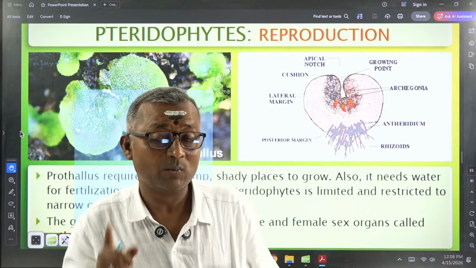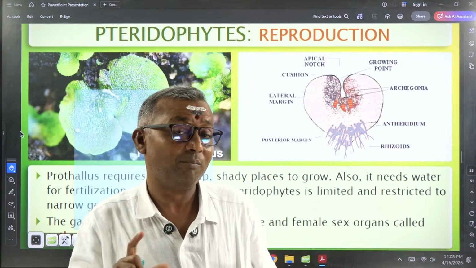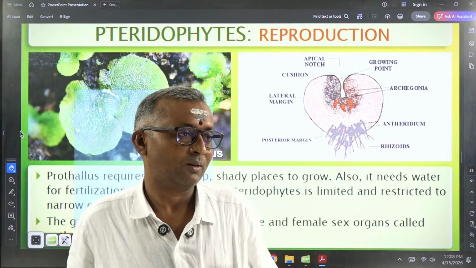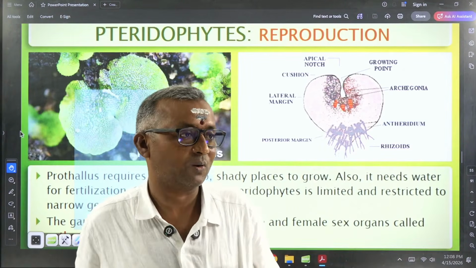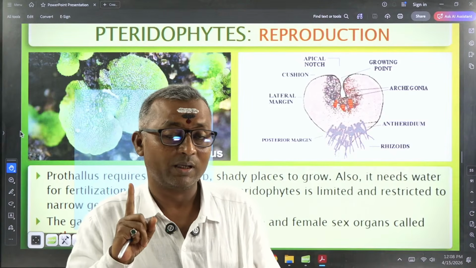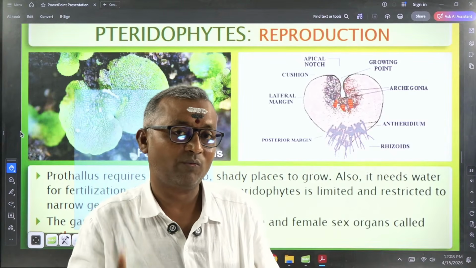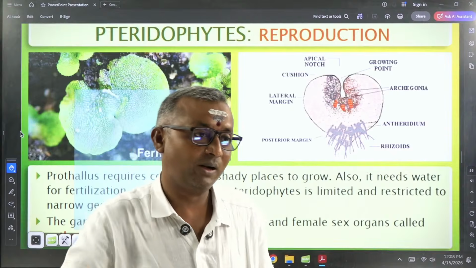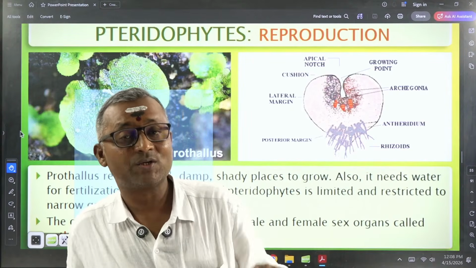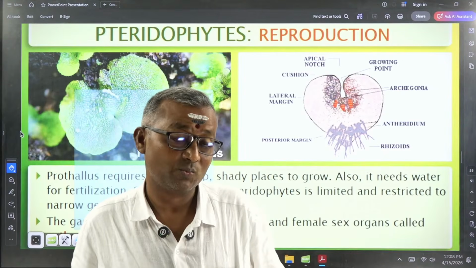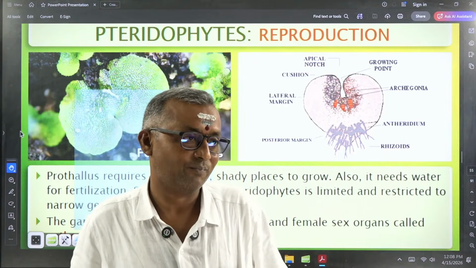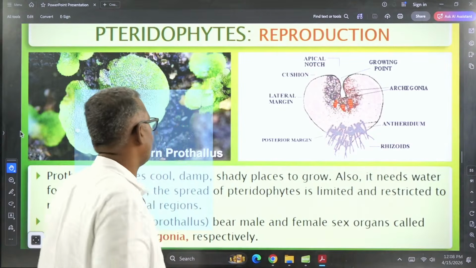So in pteridophytes, both gametophyte and sporophyte are independent, in which sporophyte is dominant. Sporophyte is dominant. That's very important.